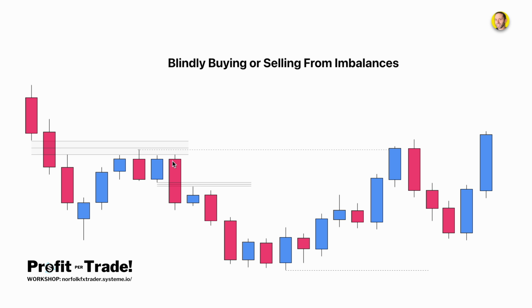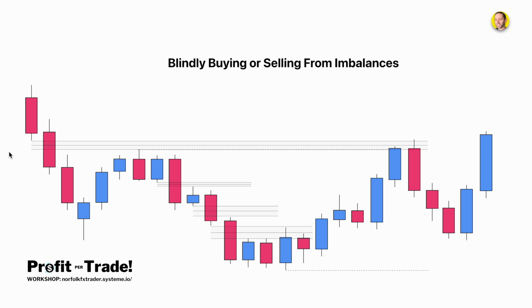That means we have a leftover imbalance zone sitting above this swing high. You can mark out this imbalance, drag it across, and then as price continues to push down, we break this structure, you have another imbalance zone you can mark here. Are you starting to see we have another imbalance zone marked here?